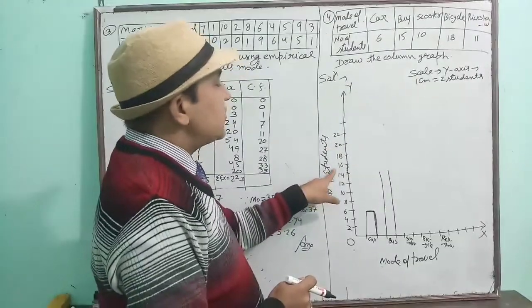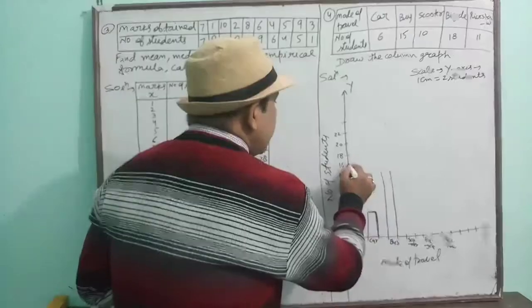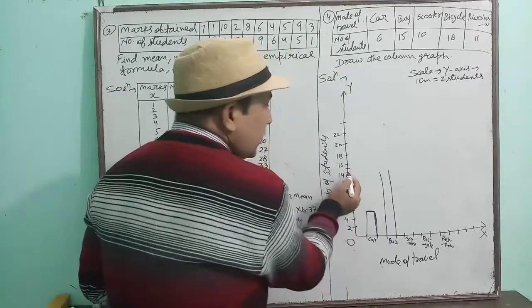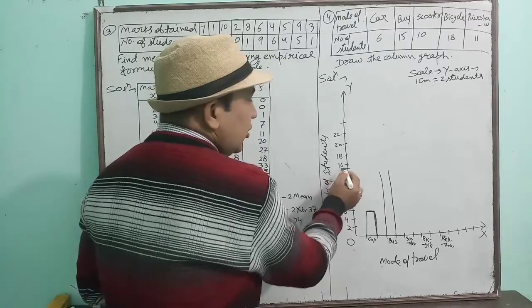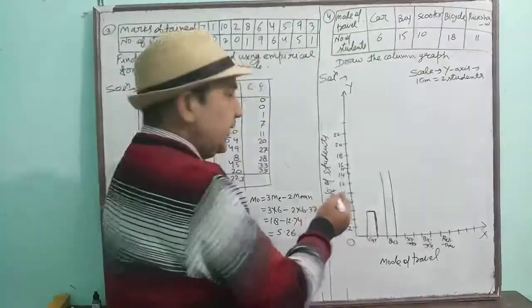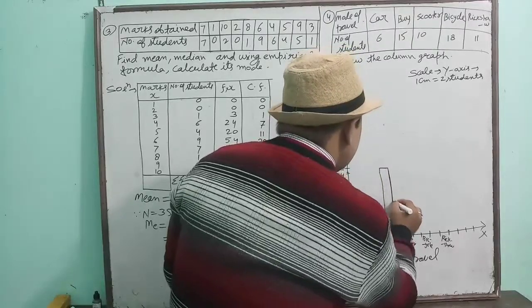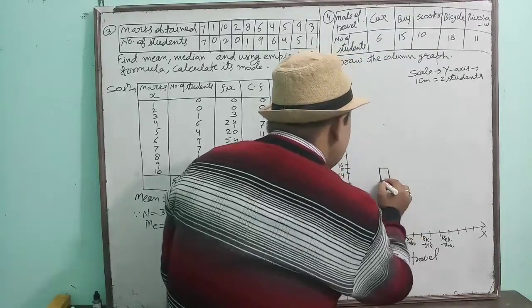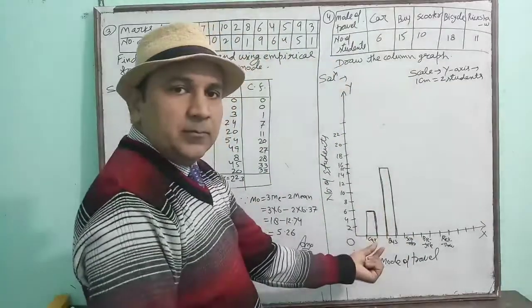It means 5 small boxes will represent 1 student. So that will come just in the middle of it. When you count the small boxes 1, 2, 3, 4, 5, that column will be represented by 15. So this graph you will bring till 15. When you draw these lines with the help of a scale, it will be totally a rectangle.